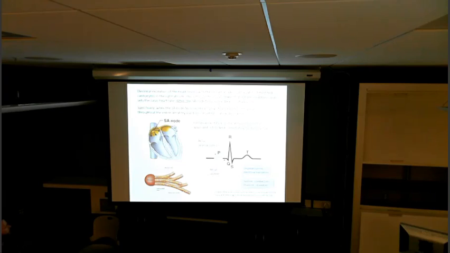So this is atrial depolarization, which is followed shortly thereafter by what we call atrial systole. Systole means contraction, diastole means relaxation. So the atria first have to be electrically excited, depolarize, and then they're able to contract. Atrial depolarization followed by atrial systole.